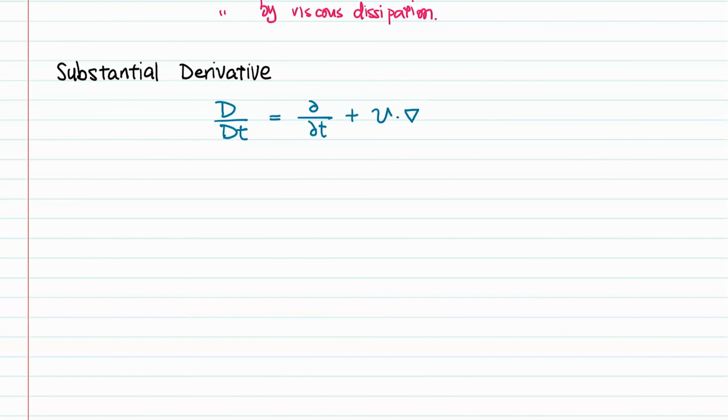For example, for the substantial derivative of your internal energy, it will look like Du/Dt equals partial u partial t plus v dot gradient u.